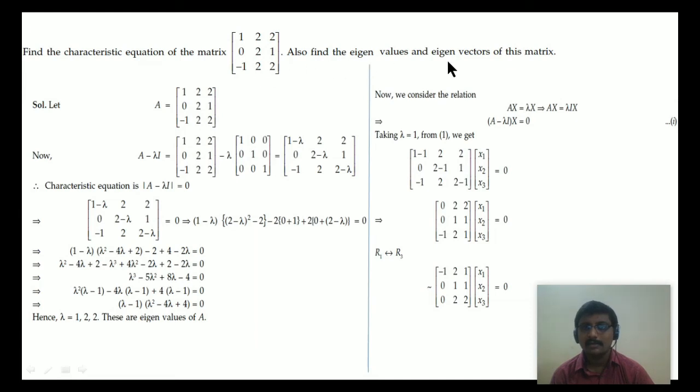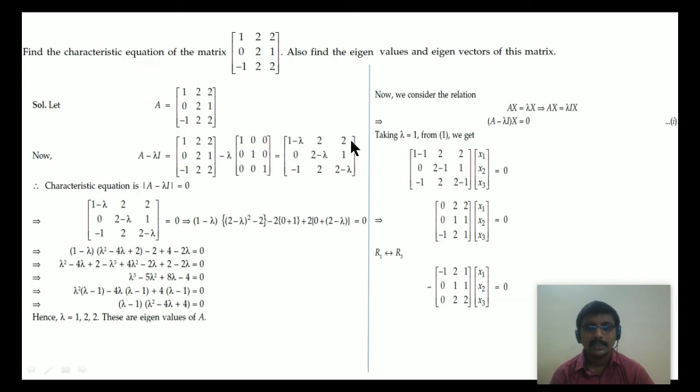We will find the characteristic equation of the matrix, and also find the eigenvalues and eigenvectors of the matrix. Given matrix A, minus lambda I, just subtracting lambda from the principal diagonal elements of the given matrix A, thus we will have A minus lambda I. Now the characteristic equation is the determinant of A minus lambda I equal to 0.